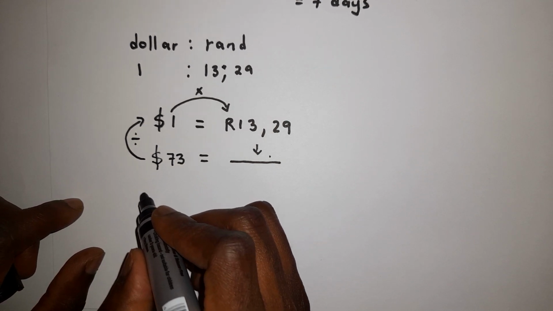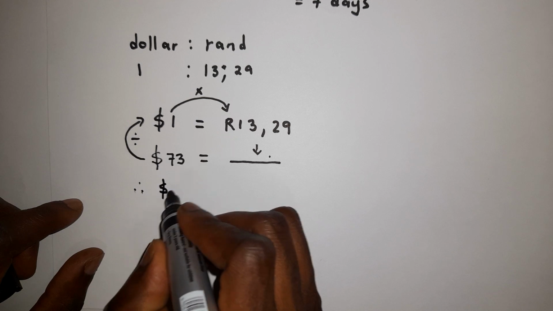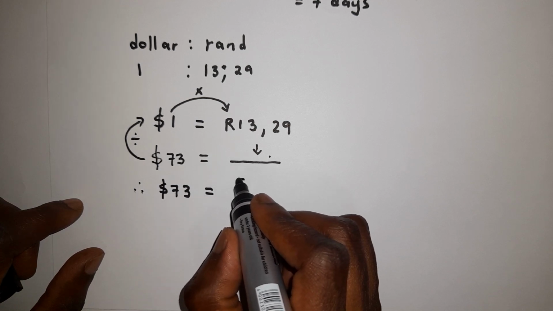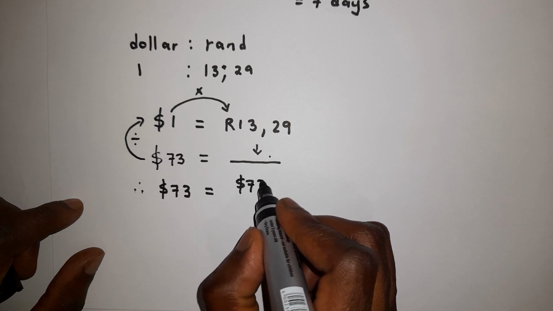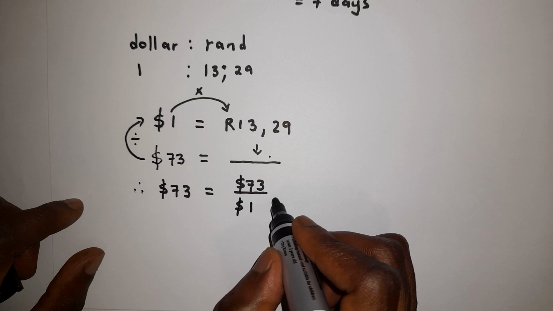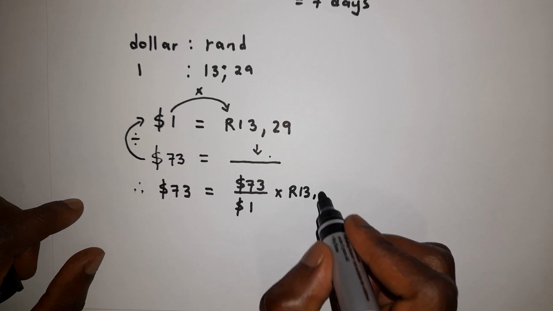Right, ladies and gentlemen, so what does that mean? It therefore means that these $73 becomes $73 divided by just $1, and then multiplied by 13.29.